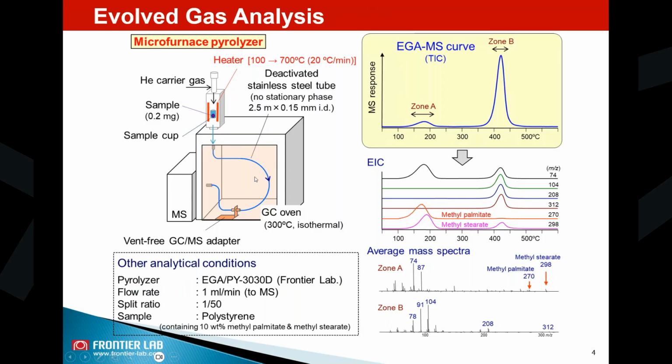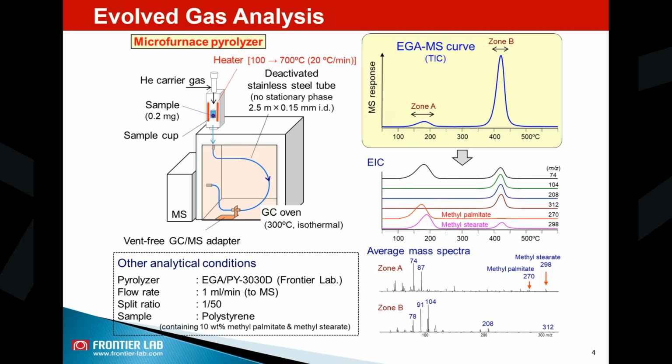Then we use a transfer tube or deactivated stainless steel capillary tube to transfer the evolved gas into the mass selective detector. So if you see the evolved gas analysis MS curve, it is almost the same as the differential thermogravimetric curve, the DTG curve, where we see the peak top temperature for the polymer as well as the additives that are present in the polymeric material.